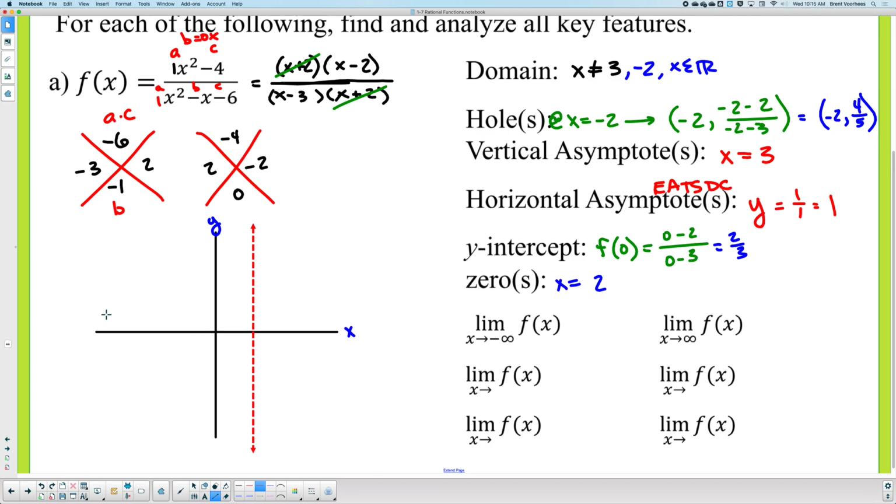And the y-intercept is at 1. So this is at, not y-intercept, I'm sorry, horizontal asymptote is at 1. The vertical asymptote is at 3. I have a 0 at 2. So on the x-axis right there at 2, I should have a value.